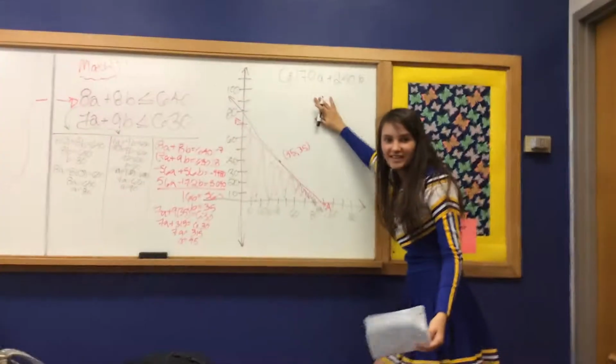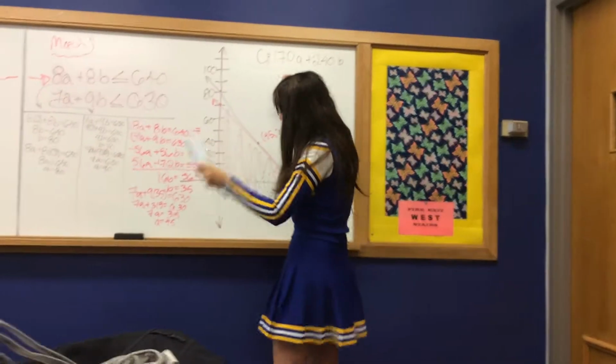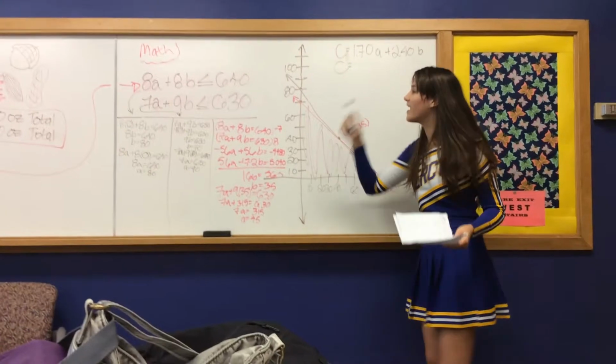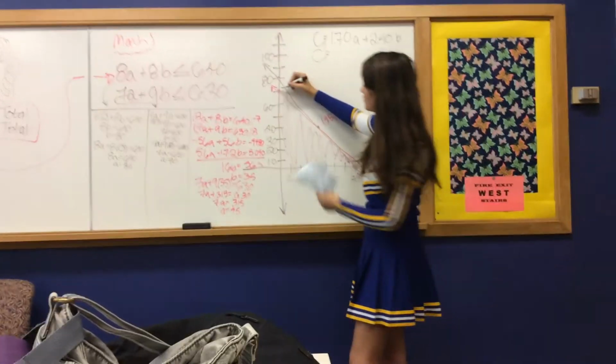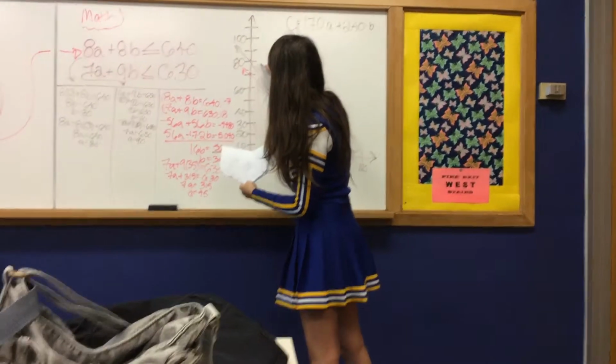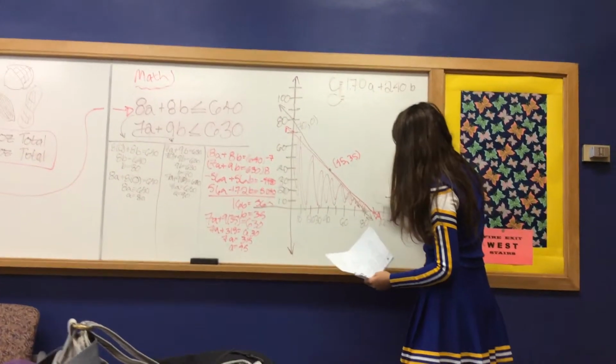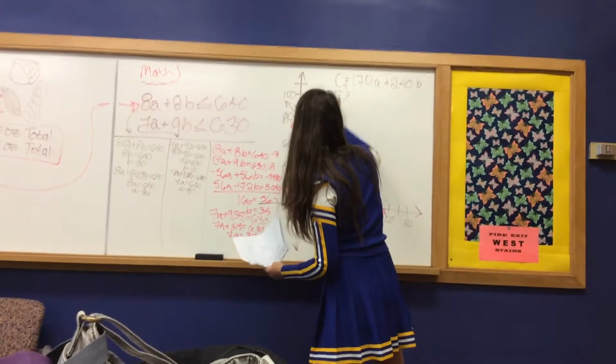And then we plug the A and B values in for this point here, which is 0, 70.